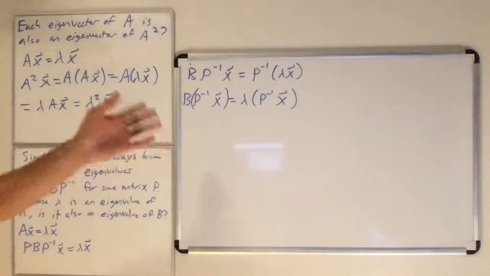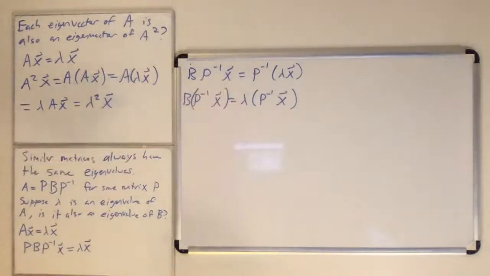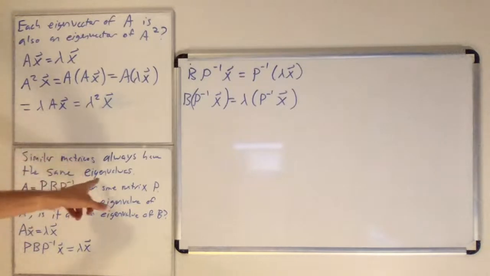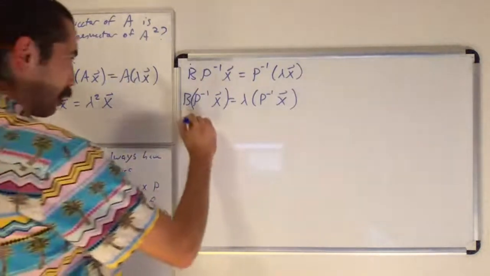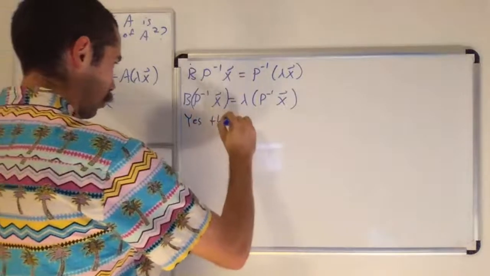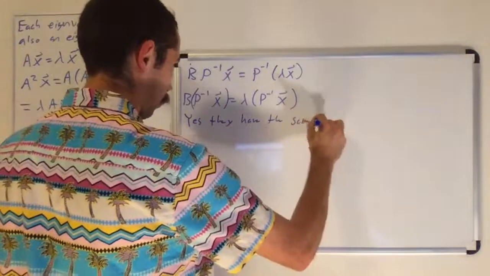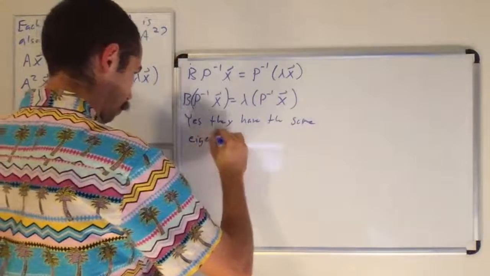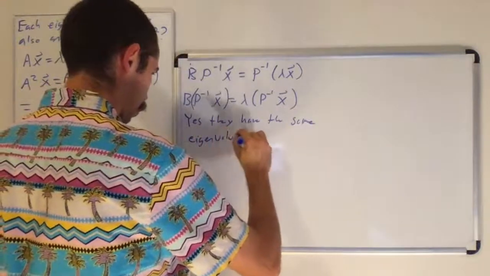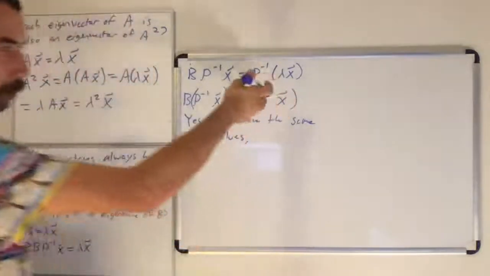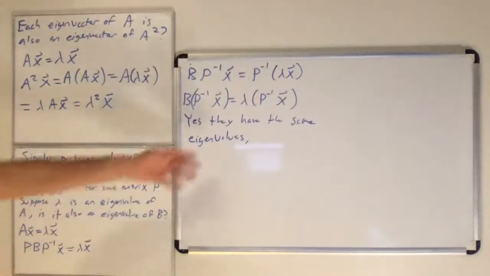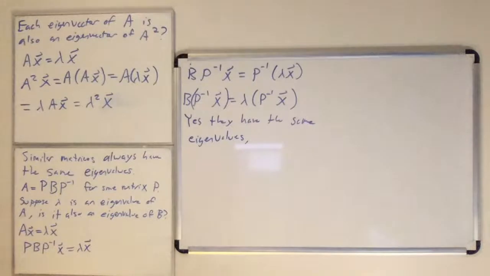So they have the same eigenvalues, but different eigenvectors. But the question just asks if they have the same eigenvalues. So yes, they have the same eigenvalues. But this doesn't tell us if they have the same eigenvectors or not.